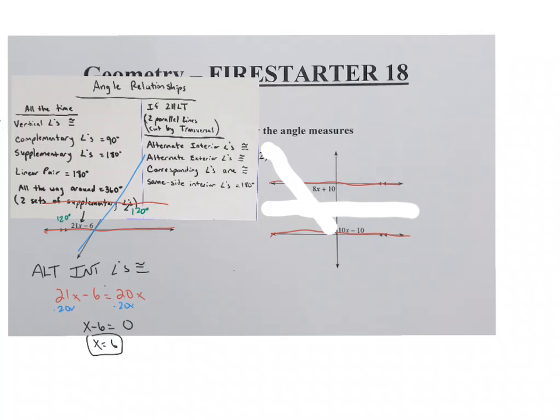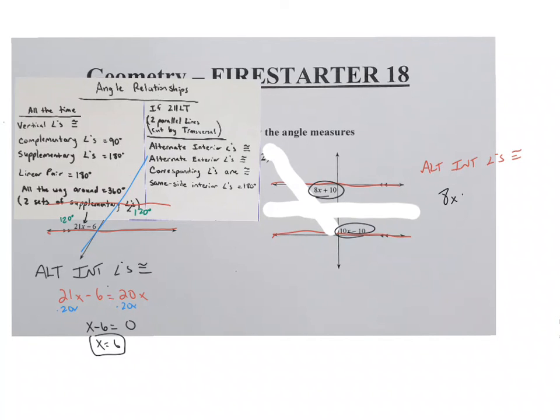So now that makes it a little bit easier for me to understand what my concept is. My concept is alternate interior angles because they're on the same side. So remember, alternate interior angles are congruent. Now I say this piece equals this piece. So I say 8x plus 10 equals 10x minus 10.